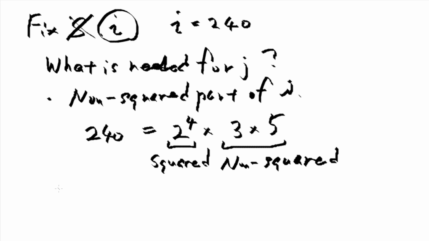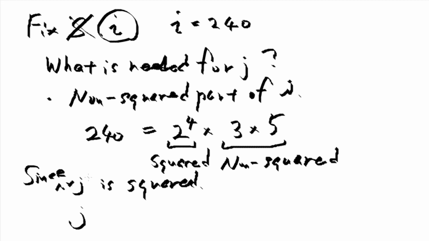Since i times j is a square, j has to contain the non-square part of i. So in particular, j must be equal to 3 times 5 times k for some k.